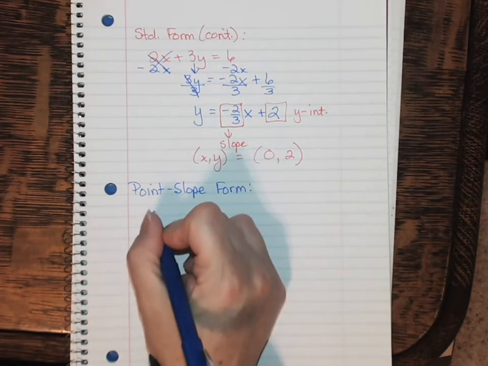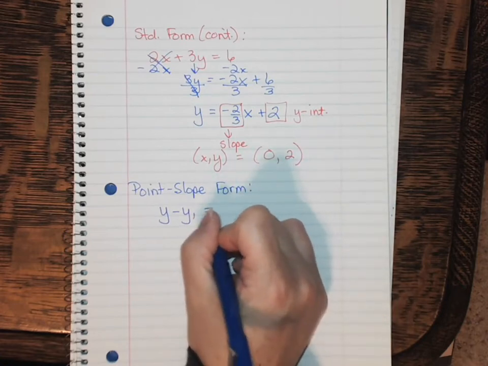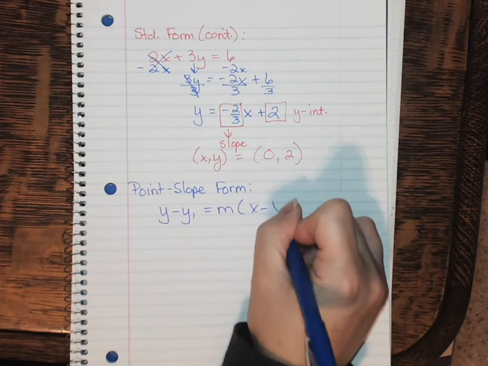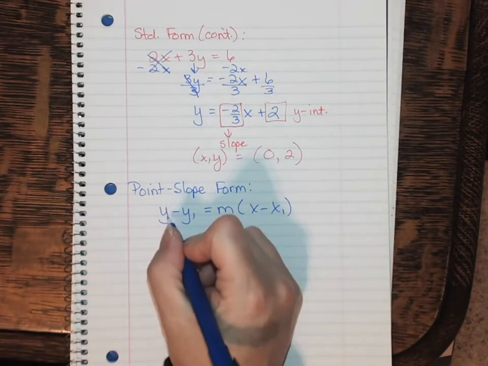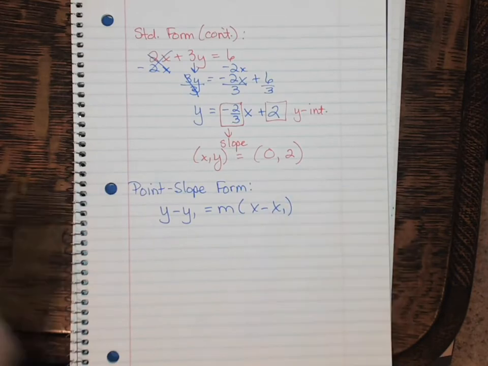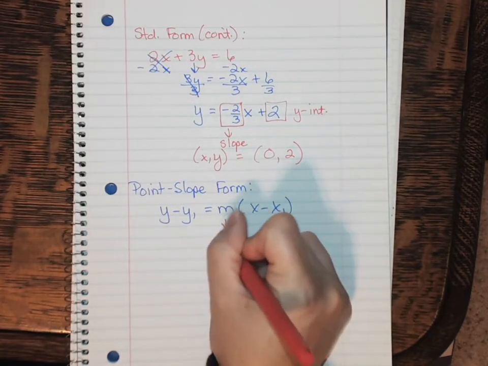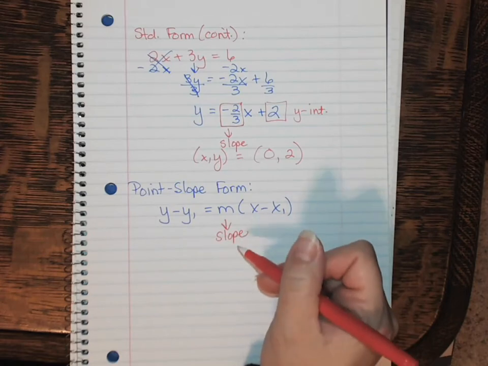The formula for that is y minus y1 equals m times x minus x1, which in some of the earlier videos we looked at as y1 and y2, x1 and x2. Either way, the m is still the slope. And if you know your slope, then you are good to go.